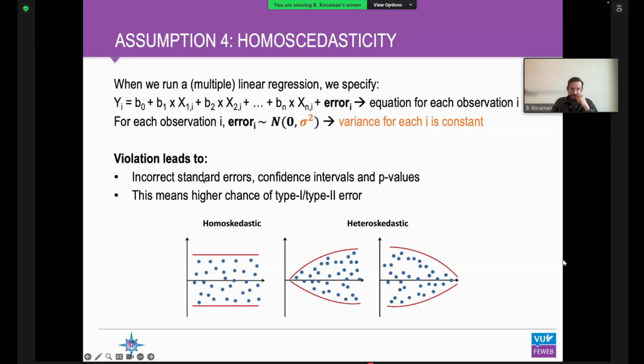If you violate this, then you might get incorrect standard errors, confidence intervals, and p-values, meaning that your conclusion related to the significance might be wrong. And then you also get, again, a higher chance of type 1 and type 2 error.